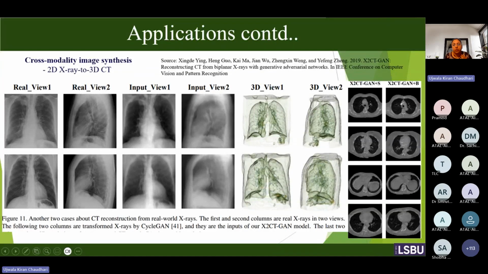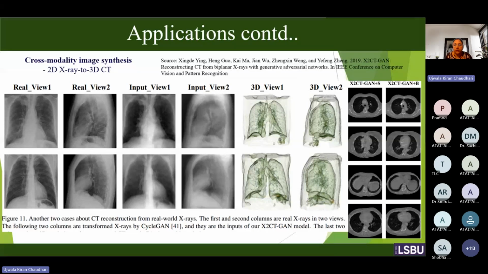Using those generated X-ray images, it generates a variety of other images, and out of those you can see that a 3D view has been created. So that's a 3D visualization of the CT scan. And at the end you could see that X-ray to CT scan is generating your axial views of the CT scan.